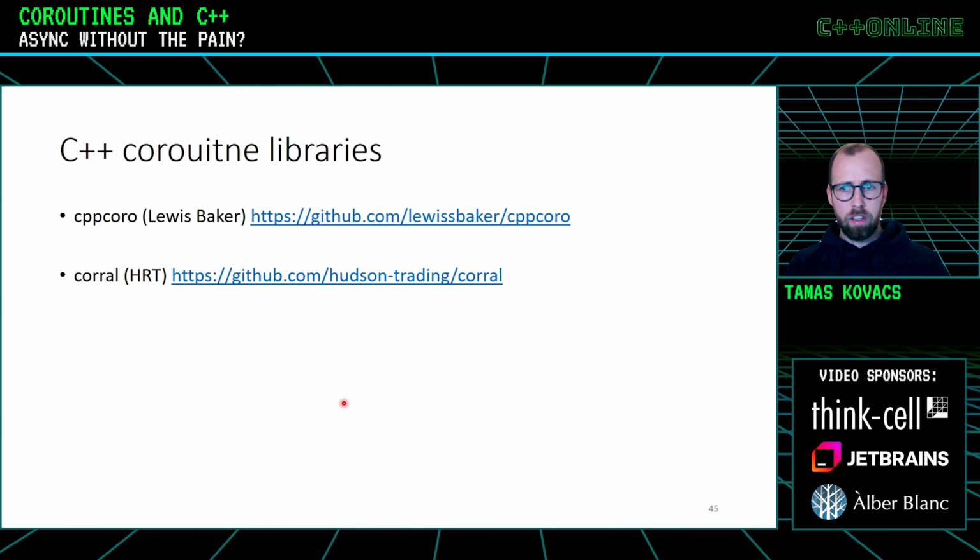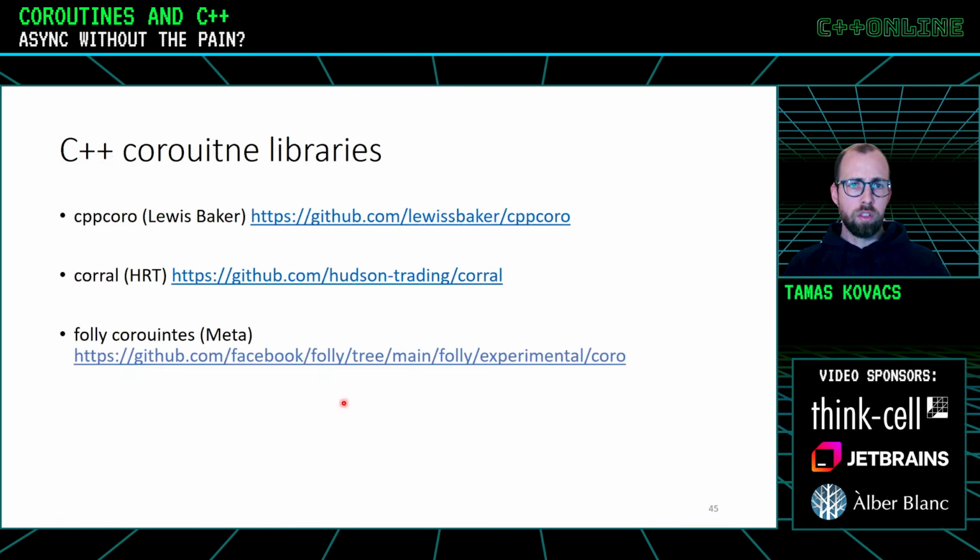Second is Corral from Hudson River Trading. It's a very high-quality implementation. It has a very well-designed cancellation model and structured task groups. They call them, I think, nurseries. Another one is Folly from Meta. It's a very mature and production-proven implementation.